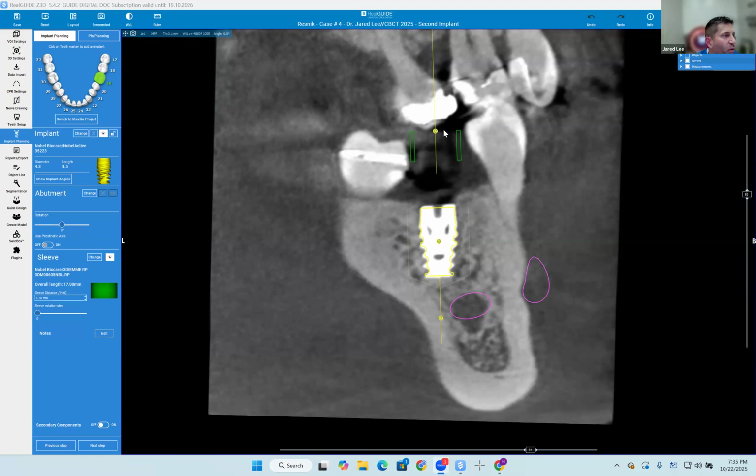Would the neuralgia cause the inflammatory response? Yes, because it's a trigger. The surgery acts as a trigger. I've seen it before, not very common, but remember that's an inert implant. It's titanium, biocompatible.